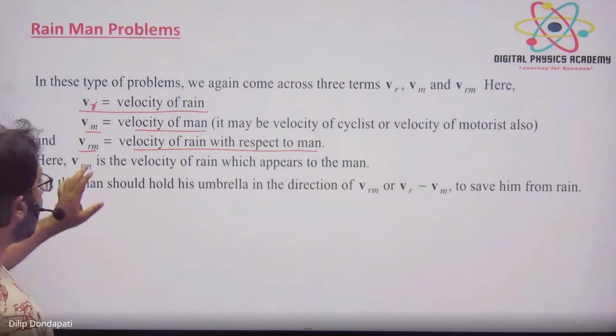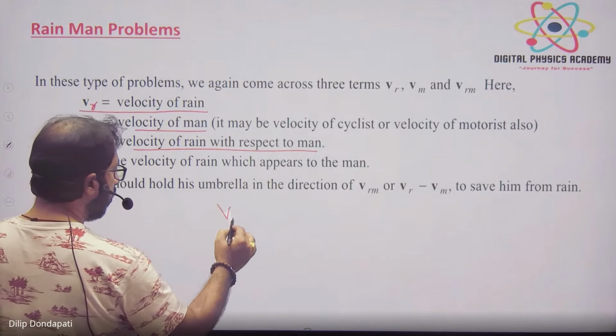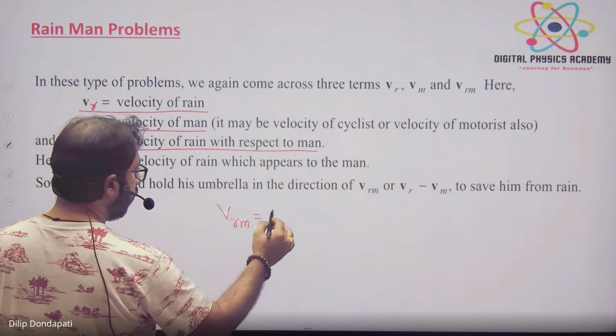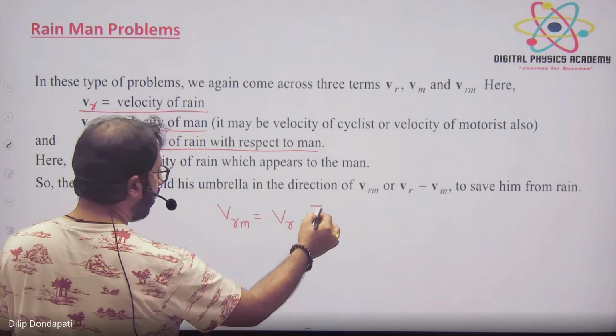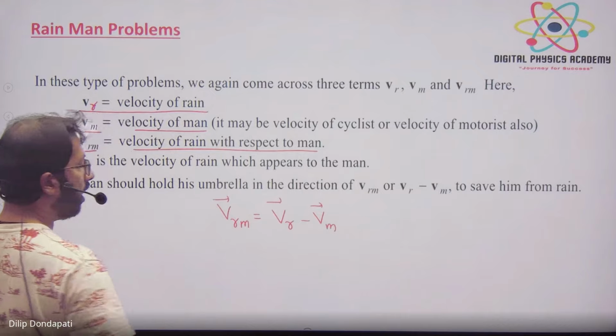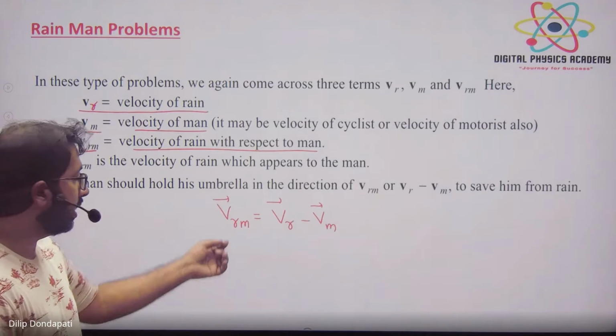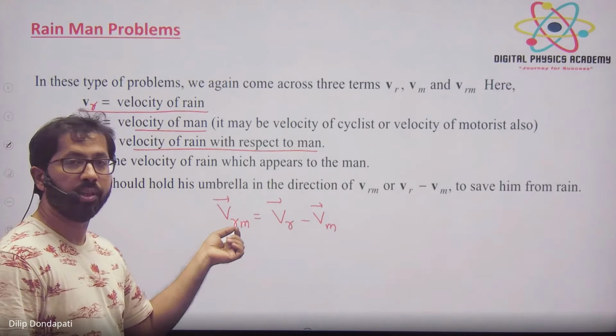And this VRM, you know the relative speed formula. What is the VRM formula? VR minus VM, right? Vectorially we are writing: VRM is equal to VR minus VM. We know that VAB is equal to VA minus VB.